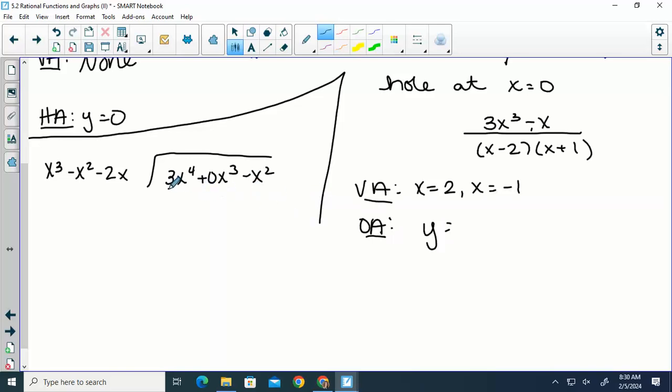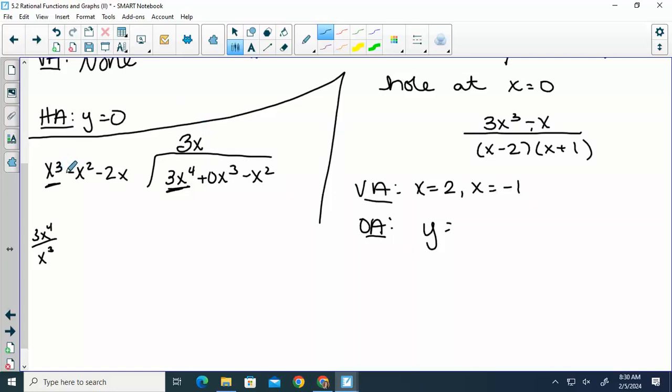So it starts out, you're asking yourself, what is 3x to the 4th divided by x cubed? 3x. Okay. Then we multiply.